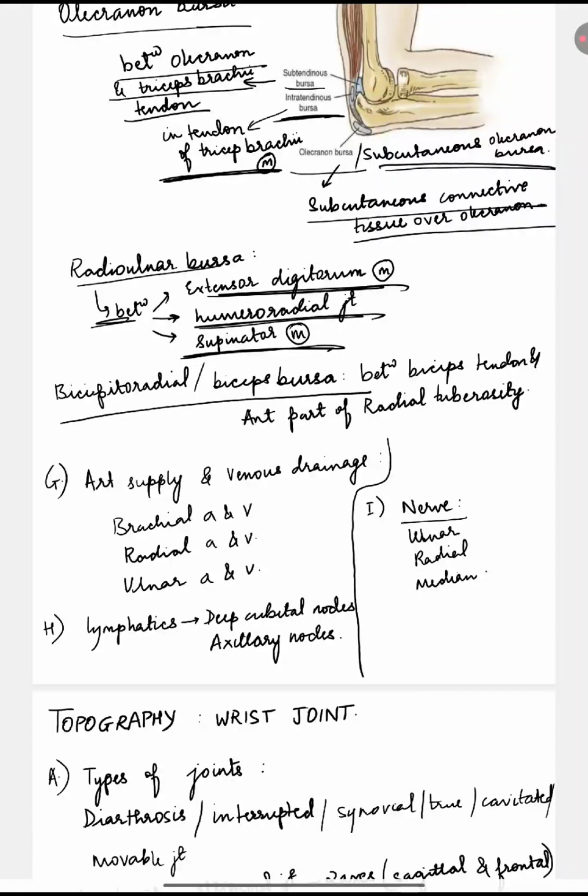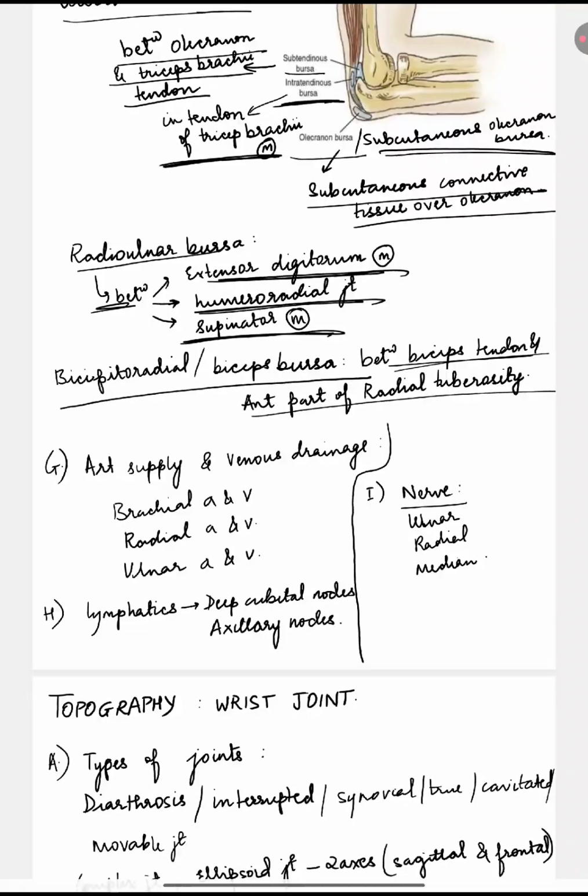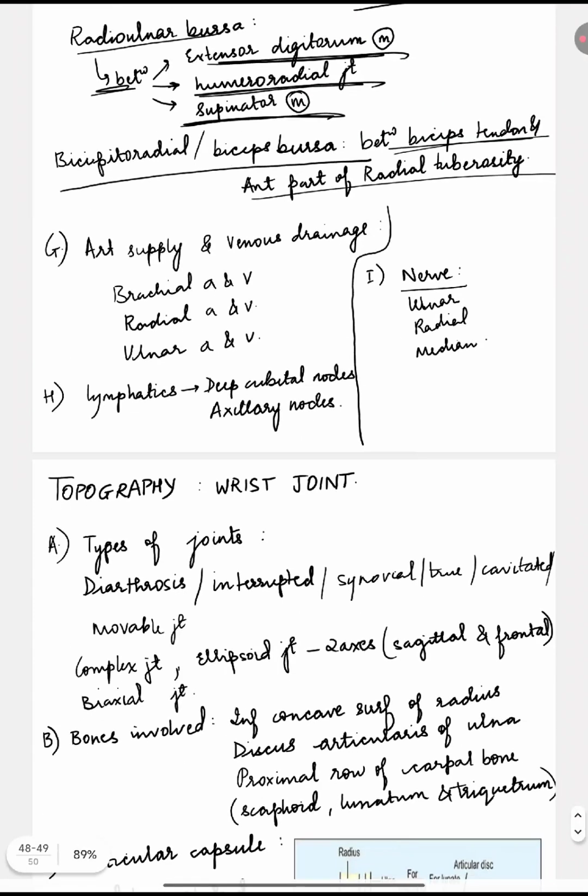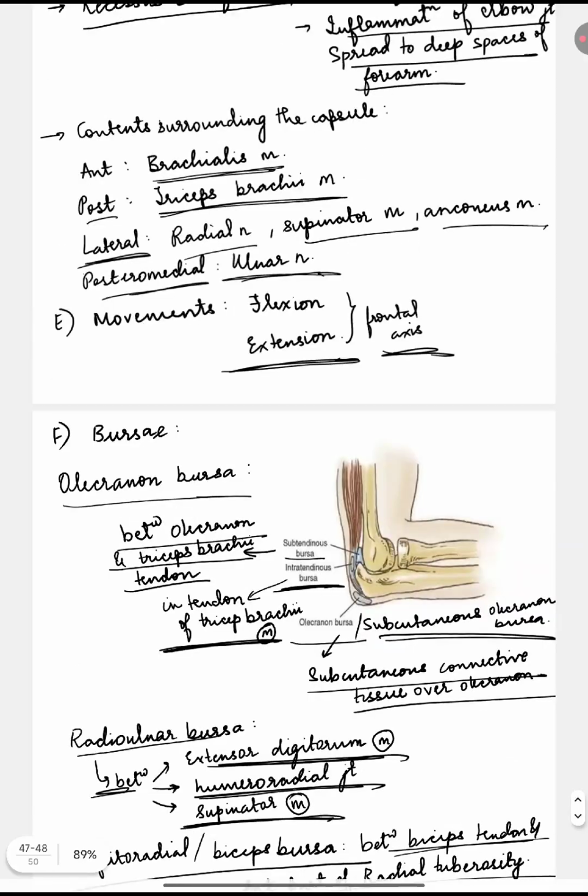Bicipitoradial or bicipital bursa between the biceps tendon and the anterior part of the radial tuberosity. Artery supply and venous drainage: brachial artery and vein, radial artery and vein, ulnar artery and vein. Lymphatic is deep cubital node, axillary node. Nerves are ulnar, radial and median nerve.